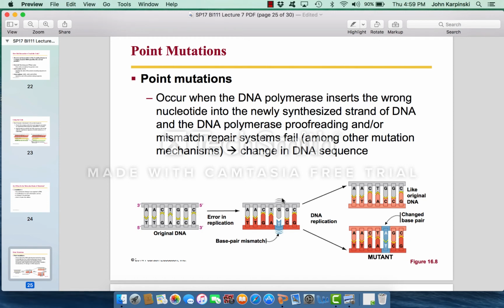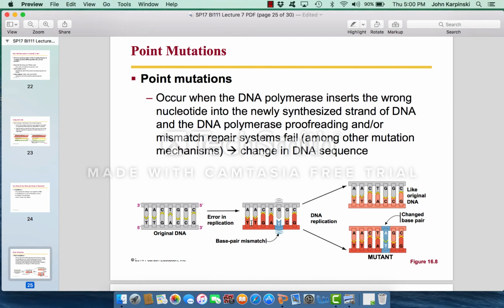Normally, either the proofreading mechanism of DNA polymerase will remove this incorrect base, or we also learned about mismatch repair enzymes, which also remove incorrect bases. But if this mistake is not recognized by either of those two mechanisms, then the mistake is permanent. And if the mistake is permanent, the next time DNA replication occurs, we get a changed base pair.